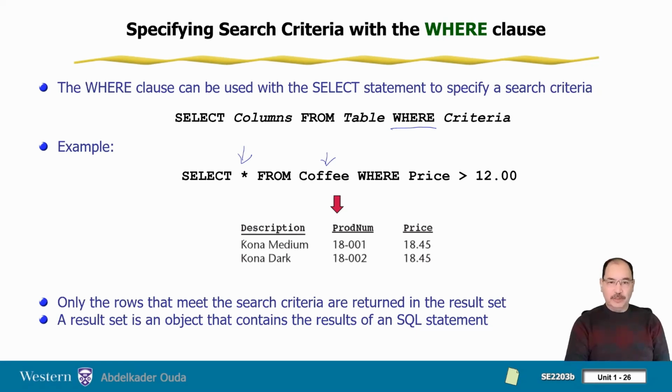Then you can expect these are the results in the result set. Two-dimensional array again, and we have only two records retrieved from this command because their price is greater than 12. All other prices are less than or equal to 12. This is how we can specify a specific range or portion or subset based on the criteria.